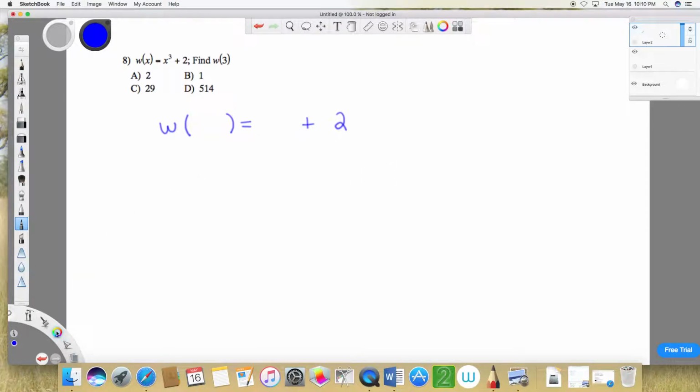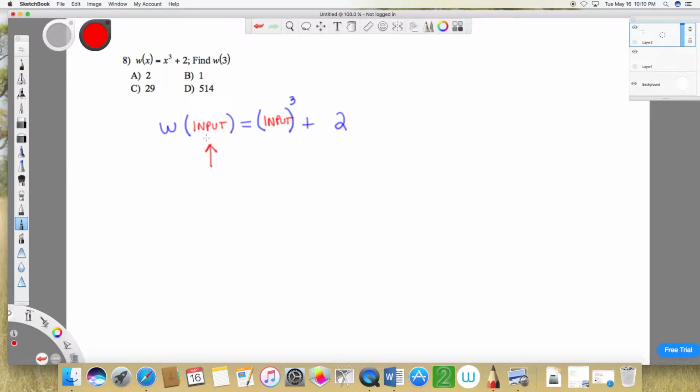Well, what we do is we give the function an input. And right here is where we give the function its input. Typically that's a number, but sometimes it can be an expression. For this problem, what this function does to the input is it creates an addition problem where that input, for the first term, is raised to the third power.